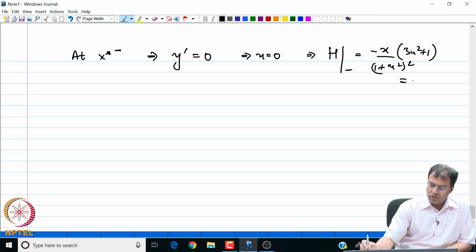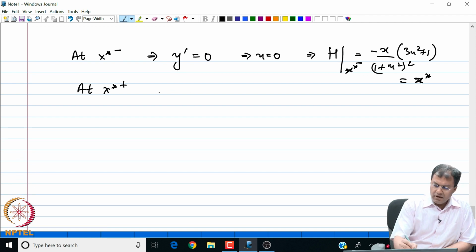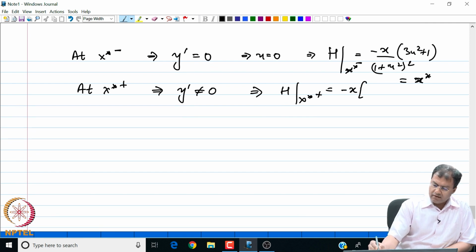I plug in u equal to 0, and this is equal to x star. So this is h at x star minus. Now, at x star plus, we have the full profile, so y prime is not 0. I get that h at x star plus is minus x star times 3 u square plus 1 by 1 plus u square whole square.